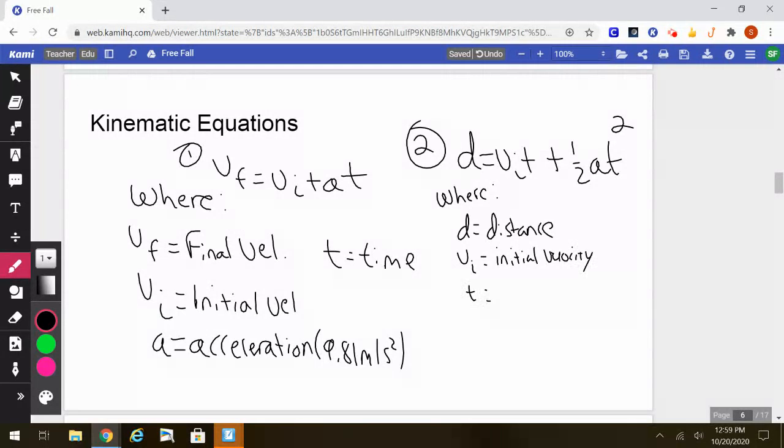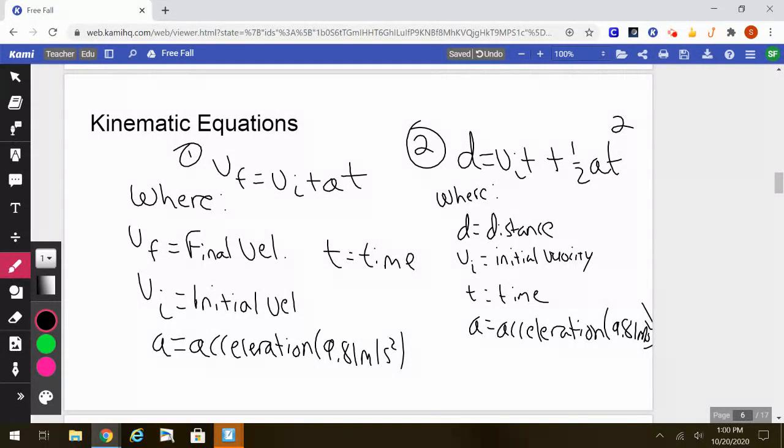T is your time. And A, again, is your acceleration. Now, when dealing with free fall problems, our acceleration will always be 9.81 meters per second squared. That is equation number 2.